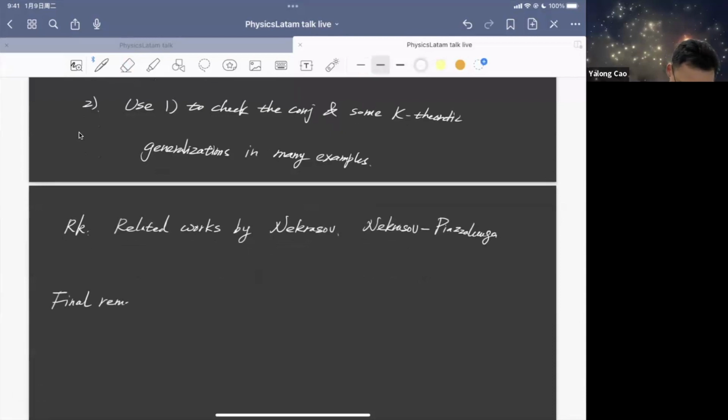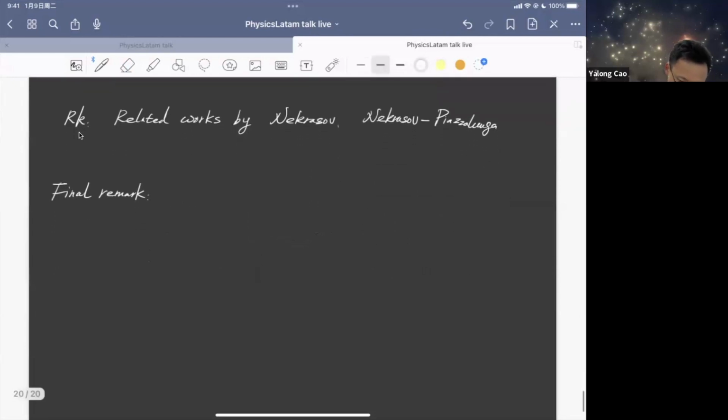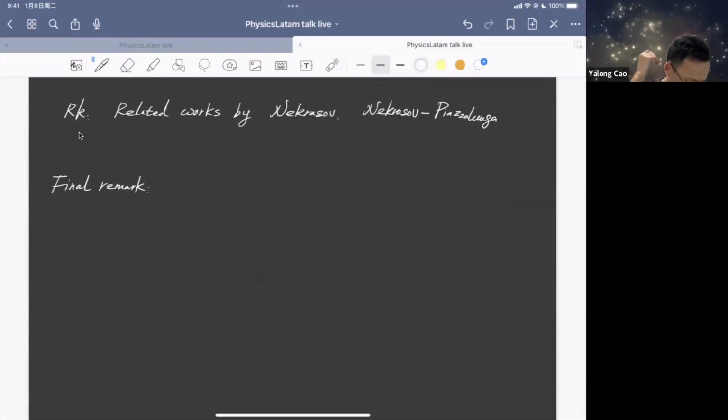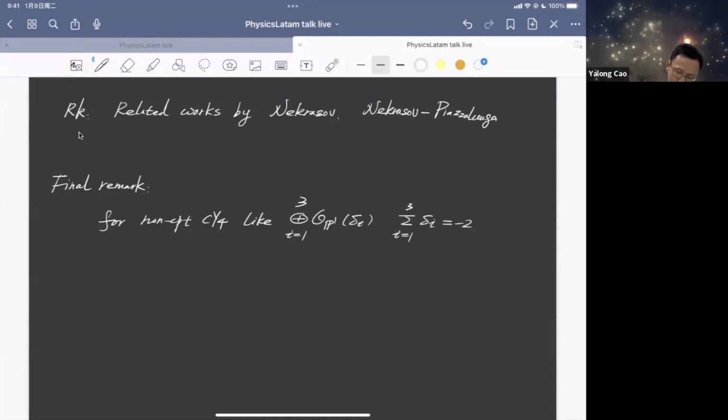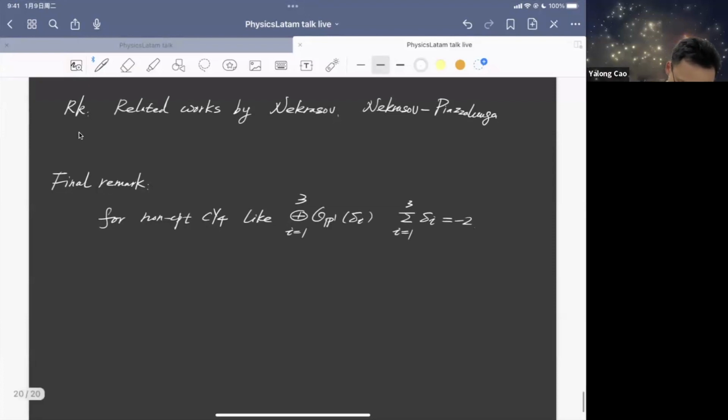The final remark is that previously we have been talking mostly about compact Calabi-Yau fourfolds, but for non-compact Calabi-Yau fourfolds like this local curve, where the total space is a Calabi-Yau fourfold, we don't have the Gopakumar-Vafa PT correspondence yet.